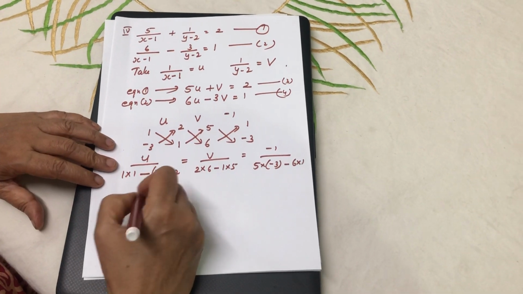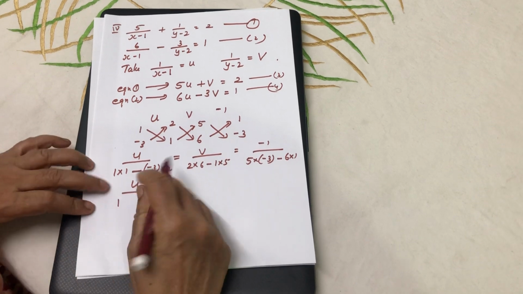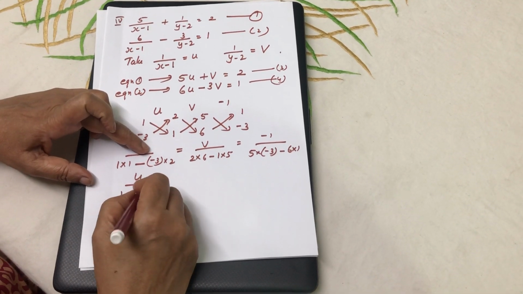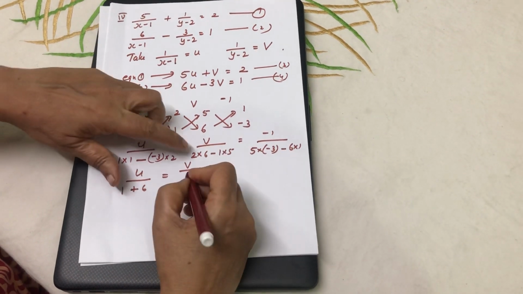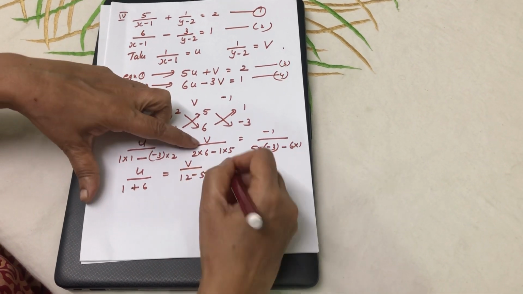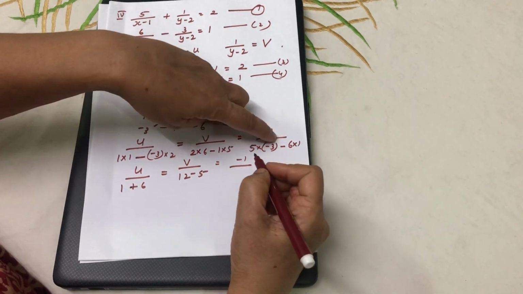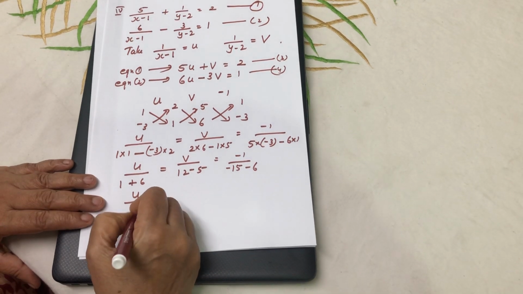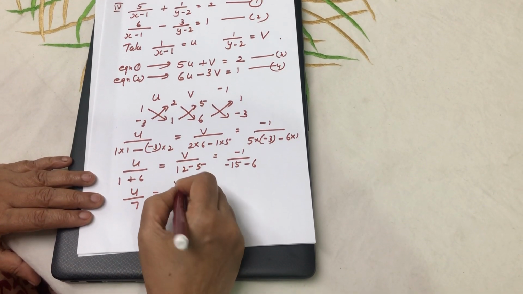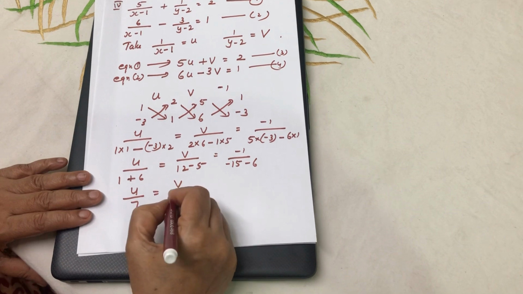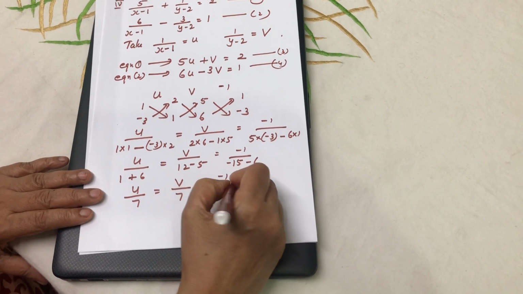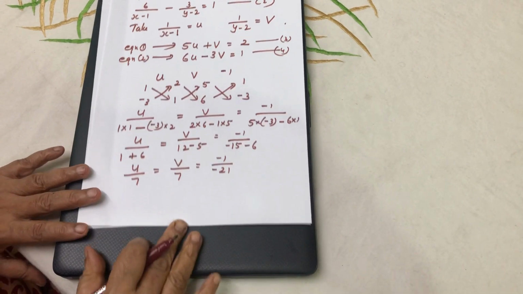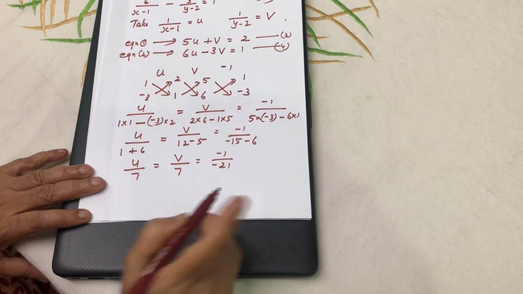So it is u by 1, 3 twos are 6, minus minus will become plus 6, so 7. v by 12 minus 5, again 7. Minus 1 by minus 15 minus 6 is minus 21. So minus 1 by minus 21 is 1 by 21.